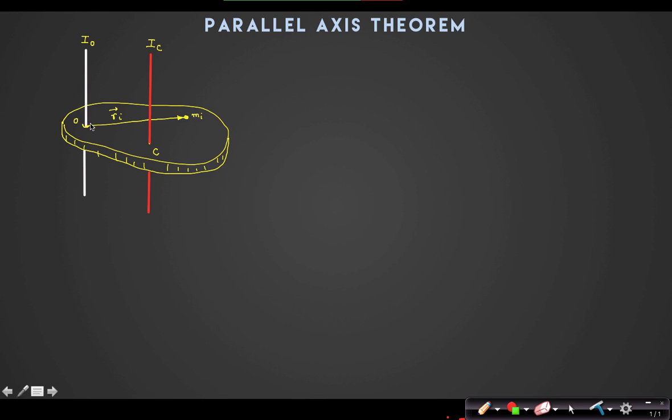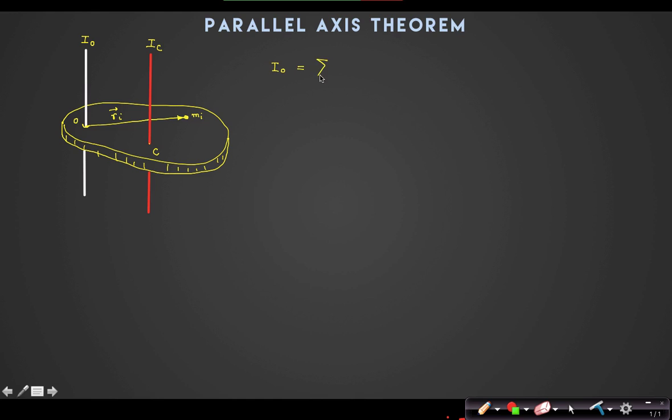Actually the body is rotating about this white color axis. But I have assumed there is another point, the center of mass, and I have assumed another axis parallel to IO passing through the center of mass. Okay. Clear?